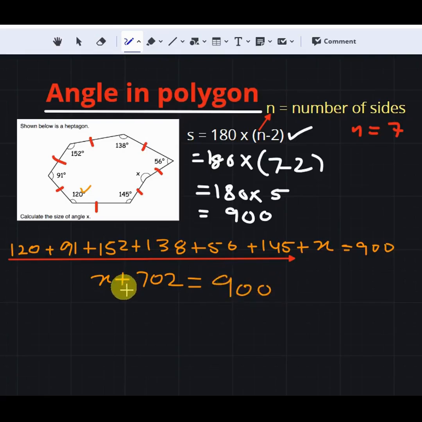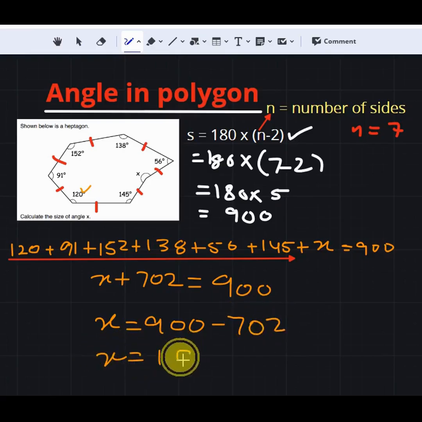Now I take away this 702 from 900 to find the missing angle x inside that polygon. So 900 take away 702, so then x is equal to 198.